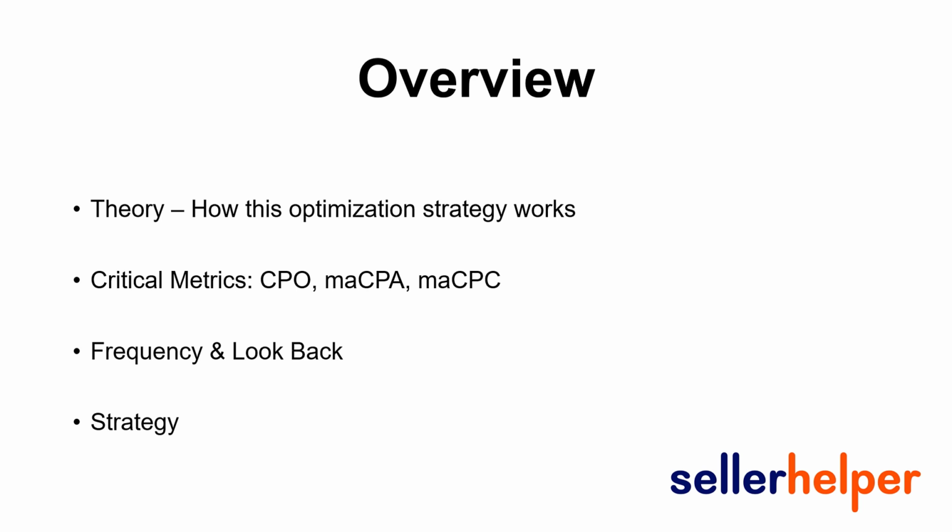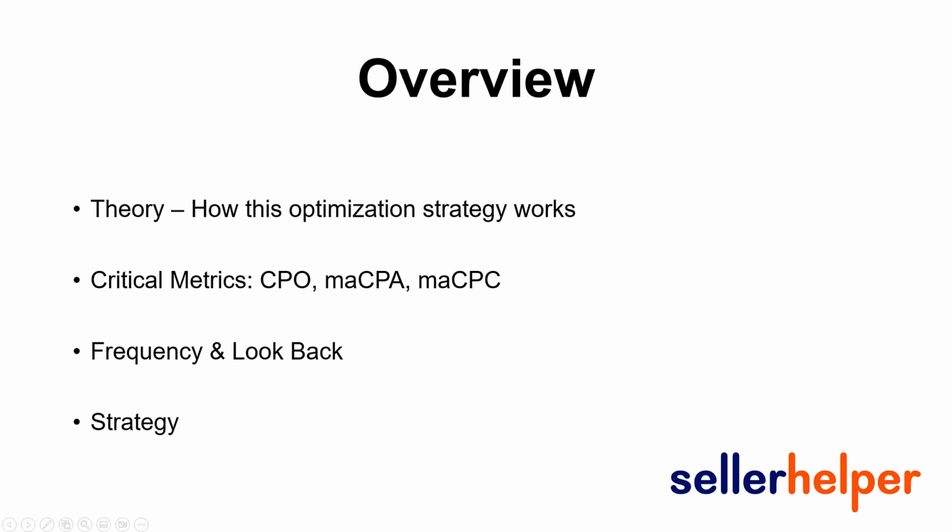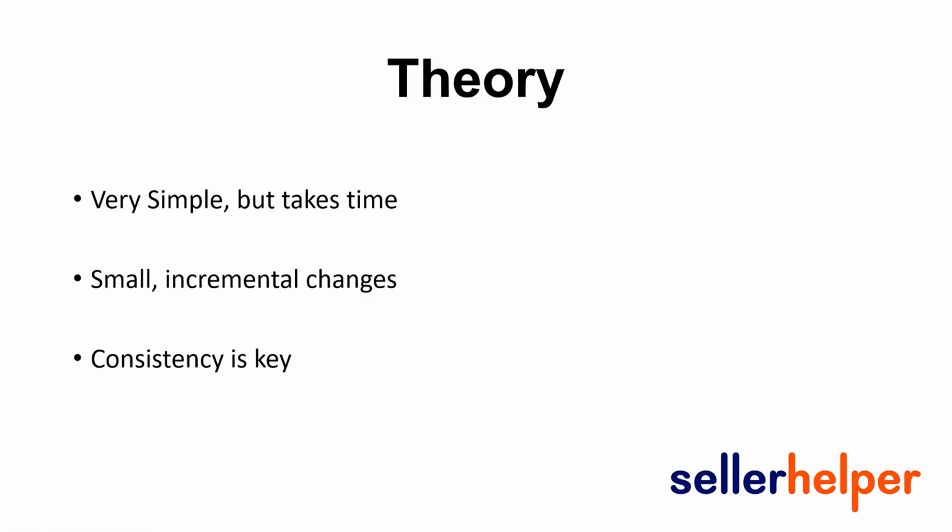Then I want to cover frequency and look back length, which basically just means how often you optimize and how much data you use to optimize with, like 7 days or 14 days or 30 days, something like that. And then lastly, I'll show you the exact strategy and how to use the filters and the BidBuddy to implement the strategy.